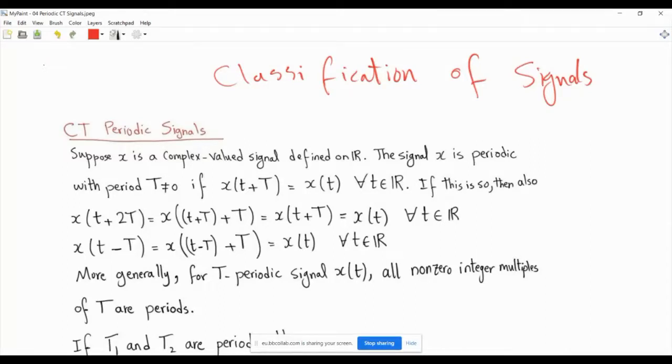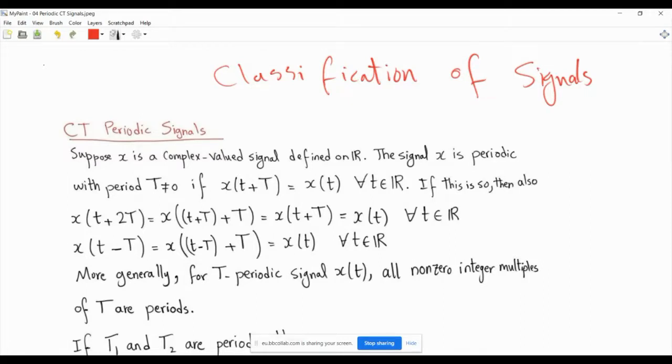The first way is periodic versus aperiodic. It's useful, and we will see that, for example, for periodic sequences, you can define the Fourier series and so on.